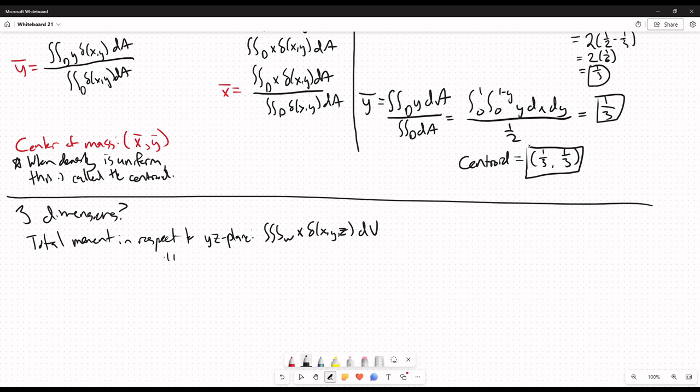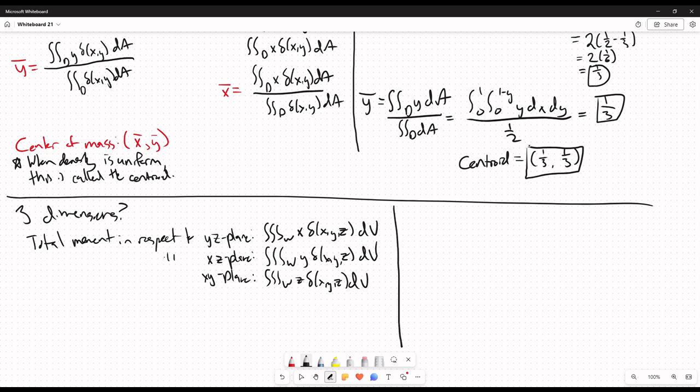If we do the xz plane, that's going to be the triple integral of y delta(x, y, z) dV. And if we do the xy plane, that'll be the triple integral of z delta(x, y, z) dV, just like what we did in the previous case.